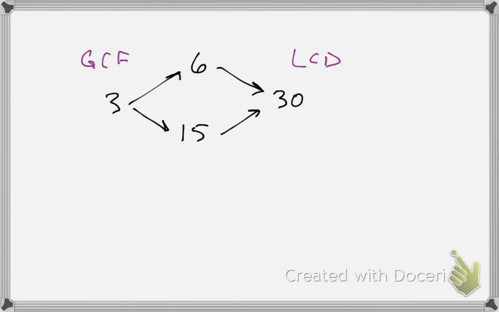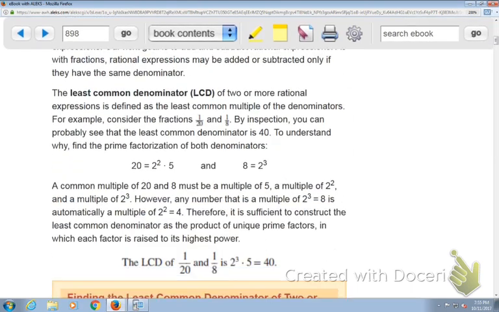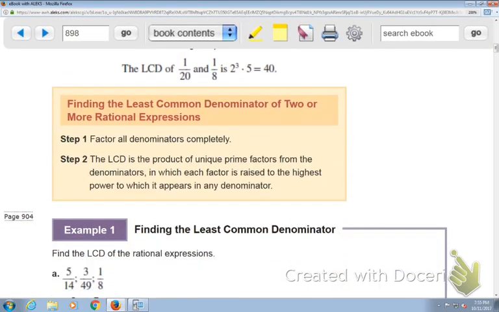Now, you guys have practiced both of these with numbers, and then we've practiced GCFs with variables. We haven't done an LCD with variables, and so that's what's coming up next. So just finding the least common denominator for rational expressions.